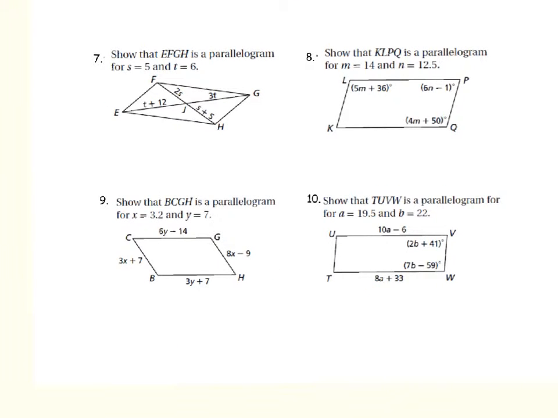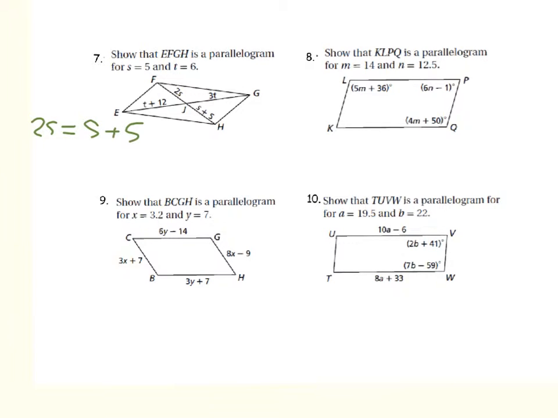Number 7, show that EFGH is a parallelogram for S equal to 5 and T equal to 6. So what they want us to do is verify that this would be a parallelogram. Since they give us the diagonals, we know from our properties chart that diagonals should bisect each other, meaning that the 2 parts, 2S, should equal the other part, S plus 5.